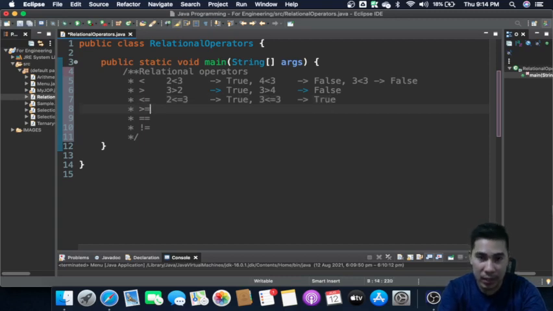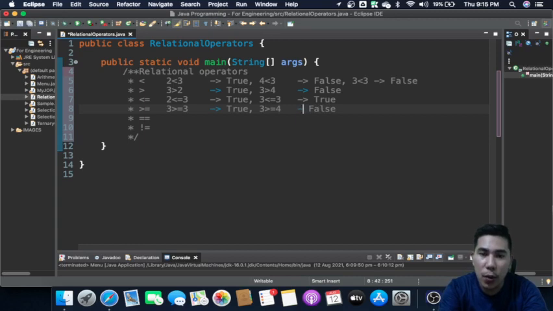Therefore this is true, as the expression is evaluated to true. The same applies to greater than. So if you have 3 is greater than or equal to 3, yes, it is true. And if you have 3 is greater than or equal to 4, this is of course false.